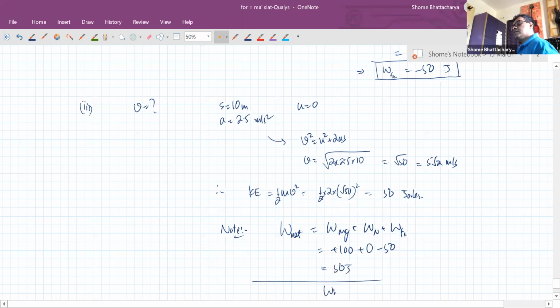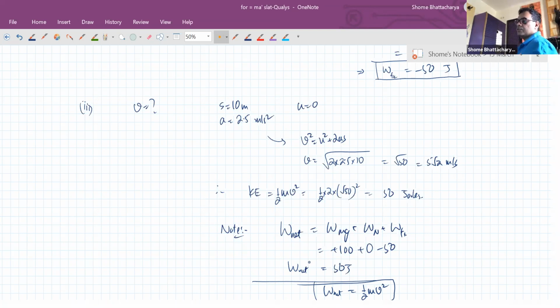You can see that in this case the net work done is equal to the kinetic energy because the initial kinetic energy was 0. So this is already giving us an intuitive idea that there is a relationship between work done and kinetic energy. And we'll see next, this is the work kinetic energy theorem.